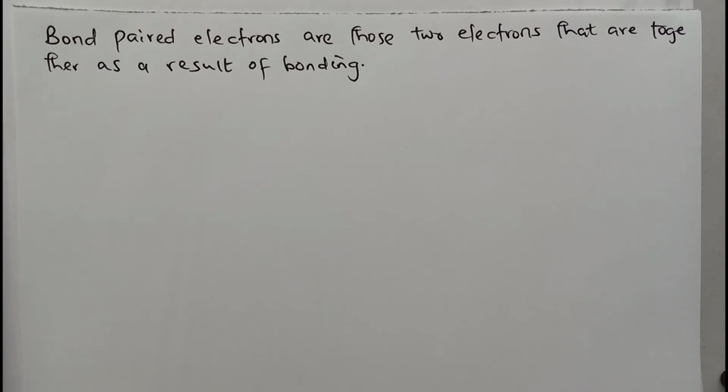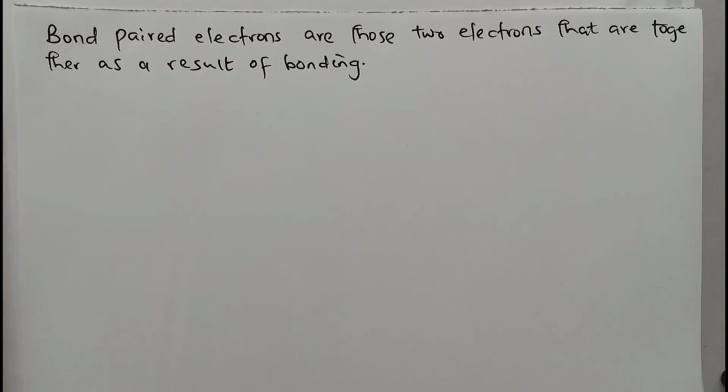But bond paired electrons are mostly seen in ionic bonding, coordinate bonding, and covalent bonding. So we are going to have a little demonstration only using ammonia and water to explain what we mean by bond pair, lone pair, and unpaired electrons.